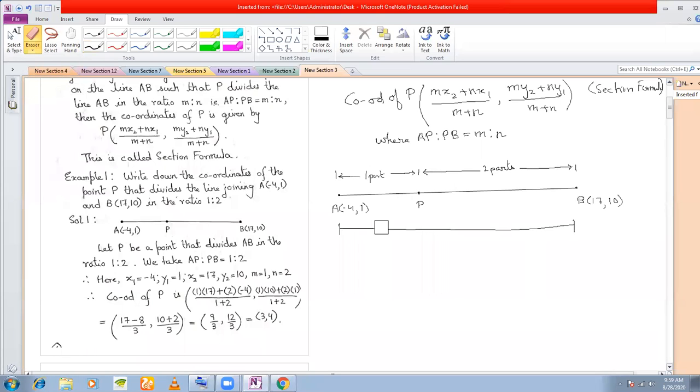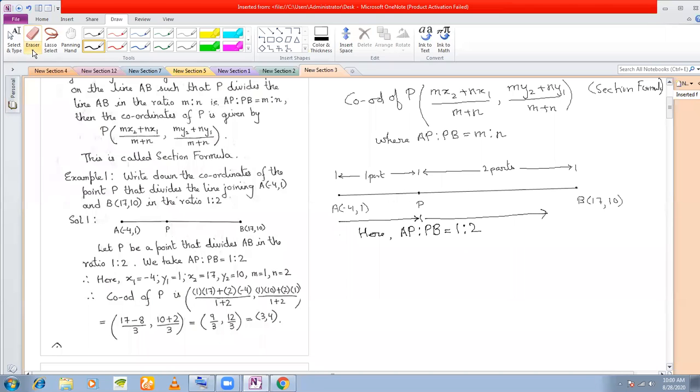Now see the direction in which you are taking. This is very important. First we have taken AP is to PB is equal to 1 is to 2. That means we are starting from this point A, AP then is to PB.